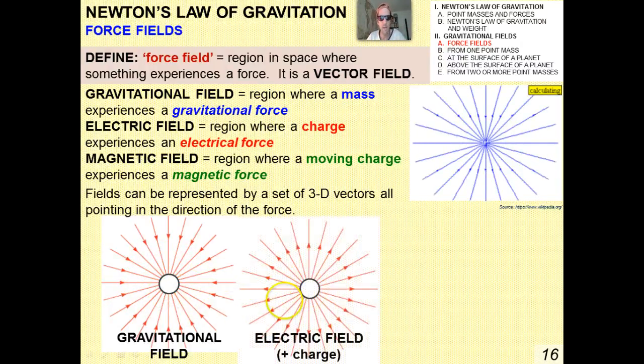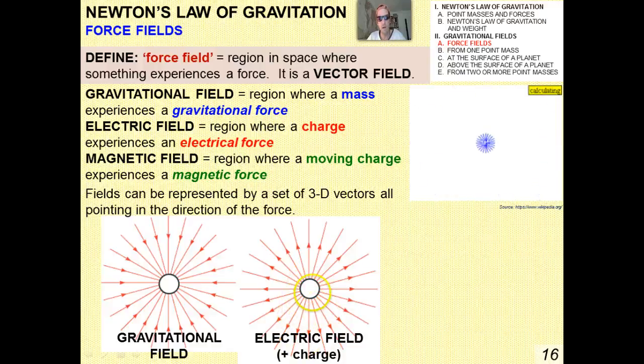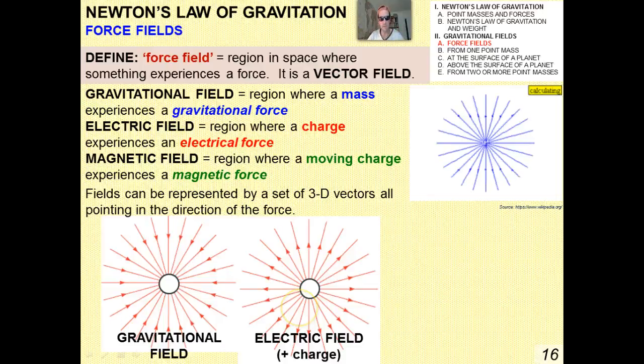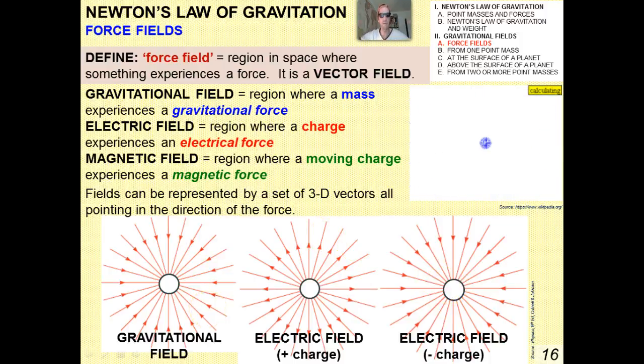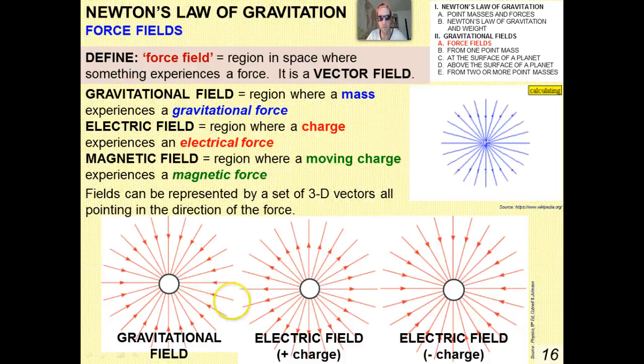Turns out, and you will study this eventually, an electric field around a positively charged object emanates outwards in the opposite direction, and the electric field around a negatively charged object looks just like that of a gravitational field, with the field lines going inwards towards the center thing that's creating the field.